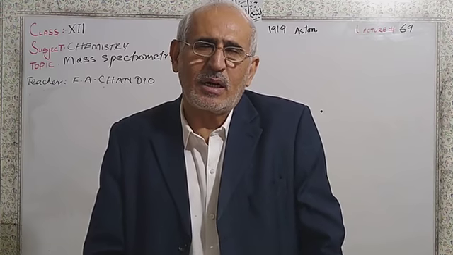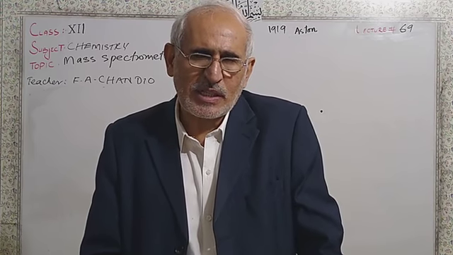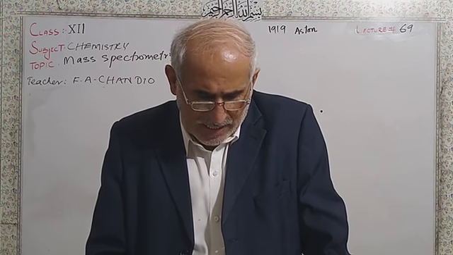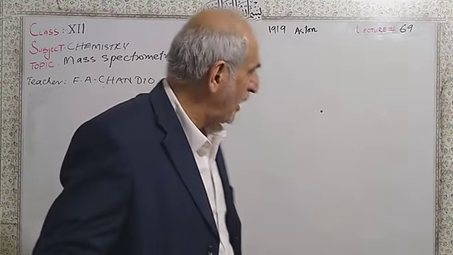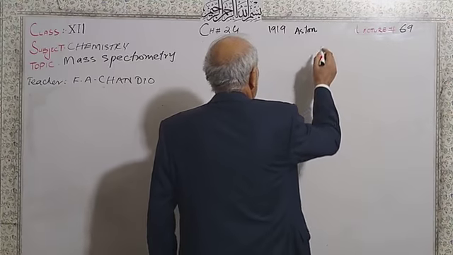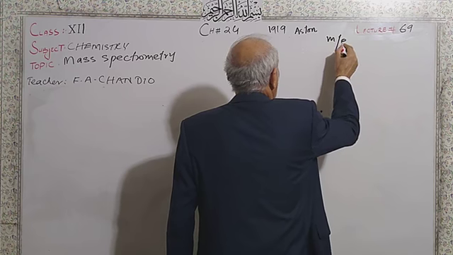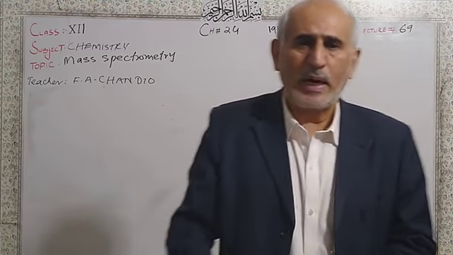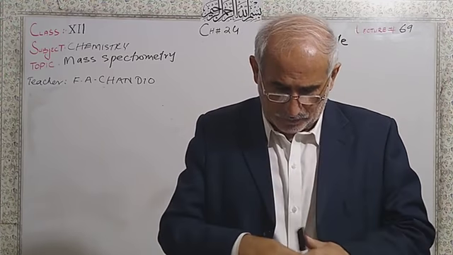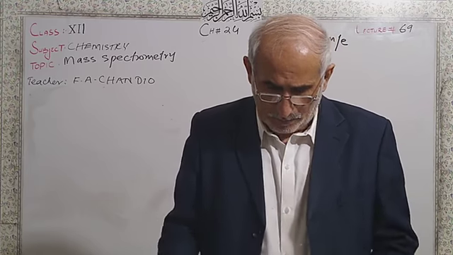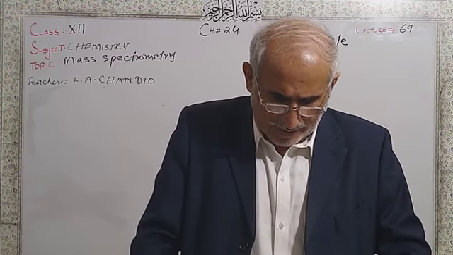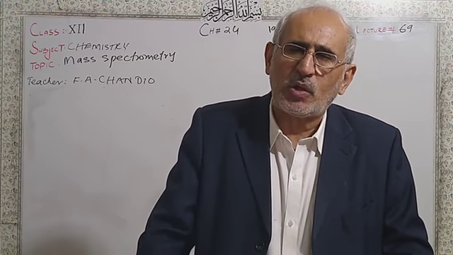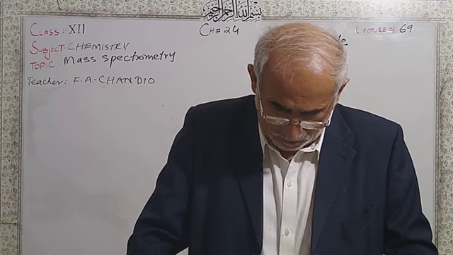So these isotopes can be separated by mass to charge value. This is important. Mass to charge value: mass of isotope and charge of isotope. Mass to charge value and the measurement of their relative abundance in these ions.